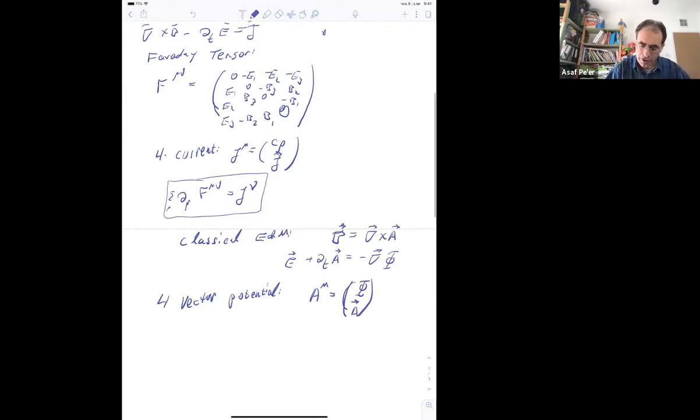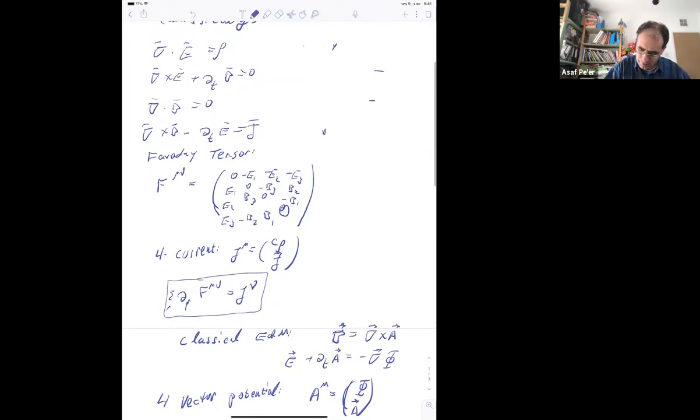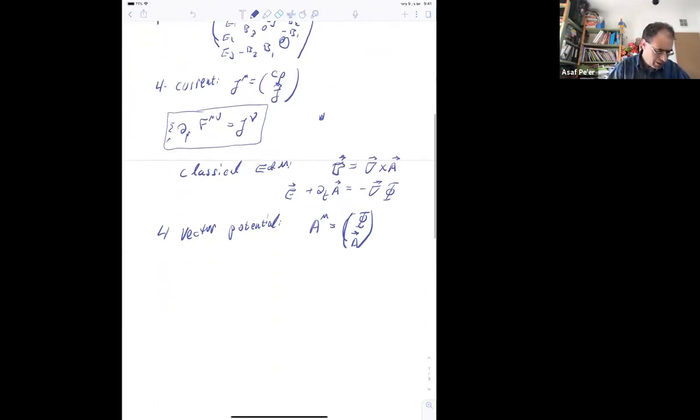And then the two homogeneous Maxwell's equations I can write down as F^{mu nu} equals d^mu A^nu minus d^nu A^mu.